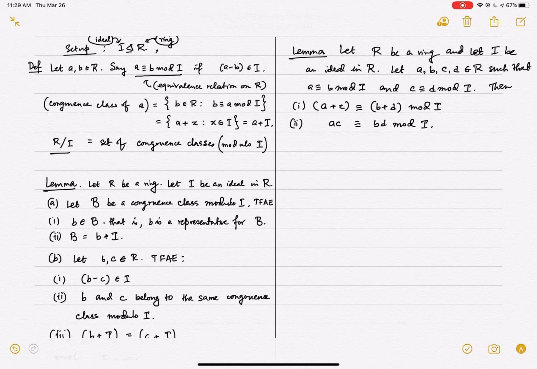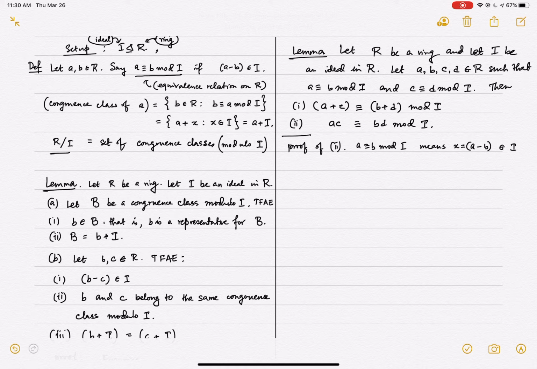So let me just prove the second one. What is given? What is given is four elements a, b, c, d in the ring such that a is congruent to b mod I and c is congruent to d mod I. A is congruent to b mod I means a minus b is in I. Let's call this guy x.